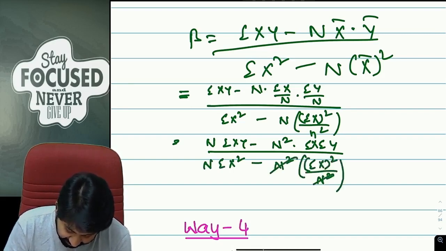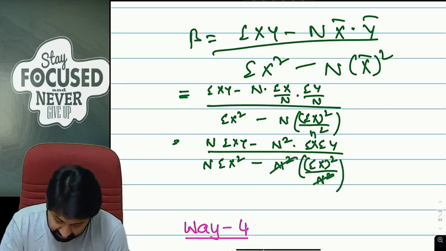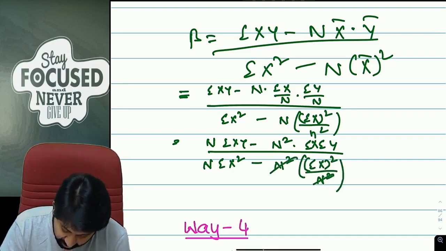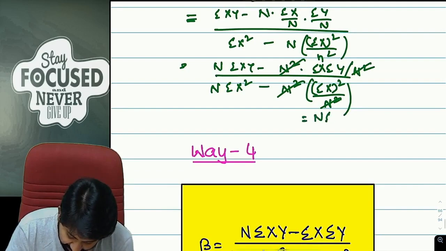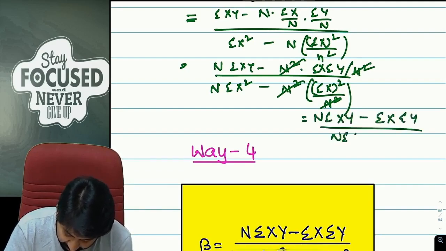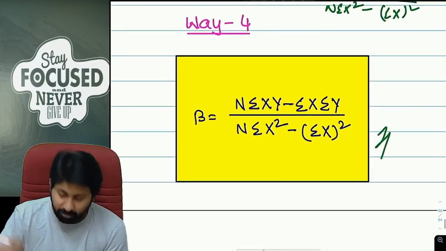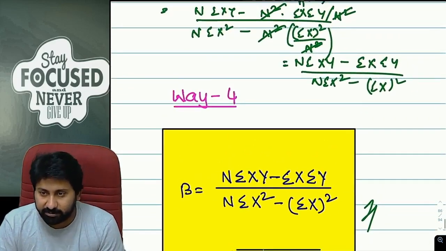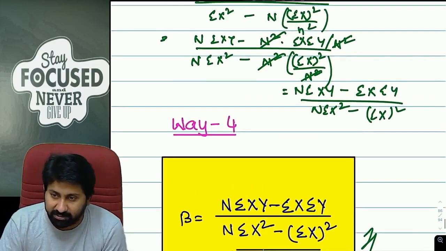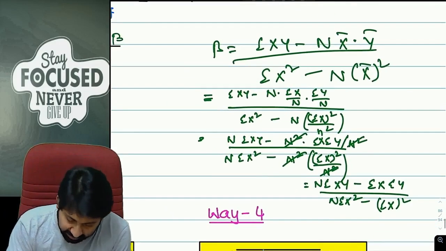N square cancel here. Clear? Here also sigma x sigma y whole divided by n square will be there. This n square and this n square will be cancelled. N sigma xy minus sigma x sigma y, whole divided by n sigma x square minus sigma x the whole square. That is how this formula has been derived.